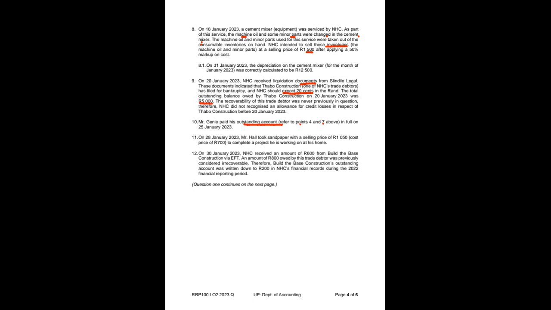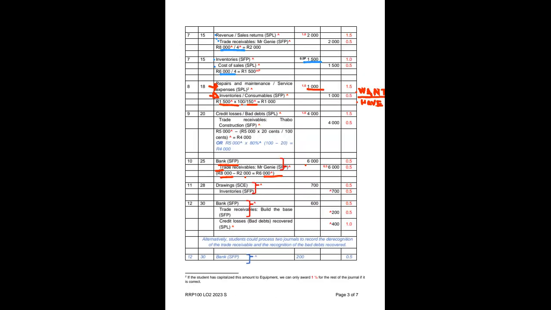Because we want to decrease our debtor, we should expect a credit to trade receivables. So here you can see what we do on the 20th of January is we credit trade receivables. We then debit our credit losses, or if you said bad debts, that was fine.